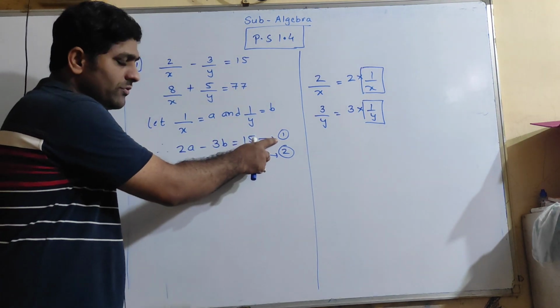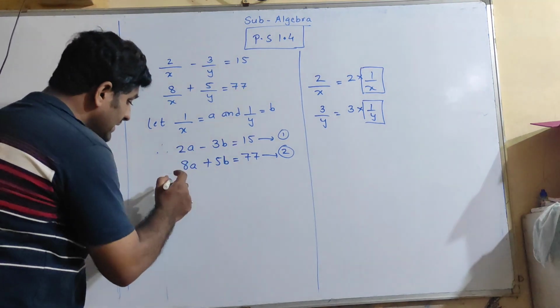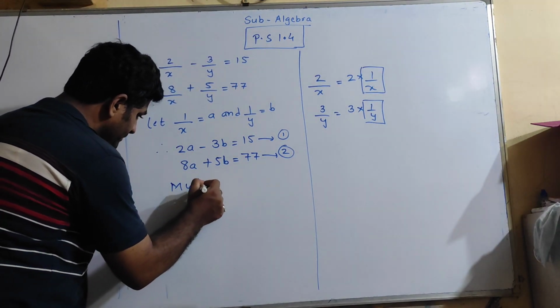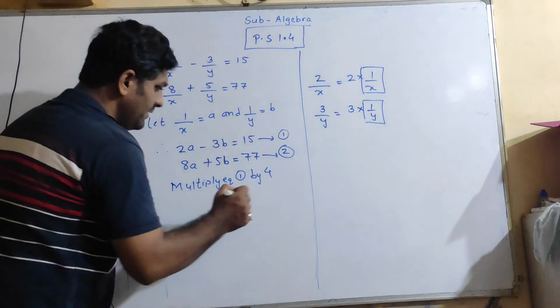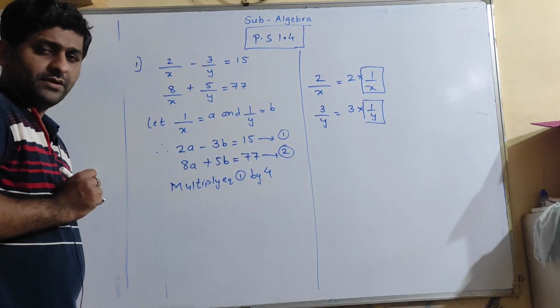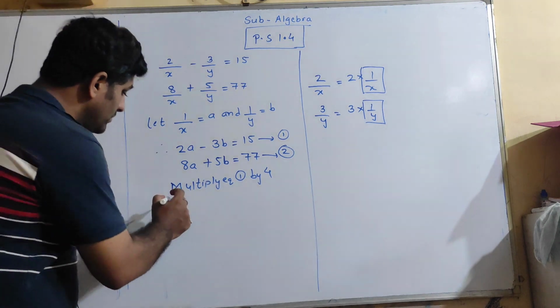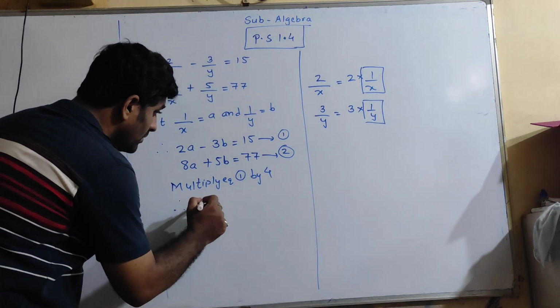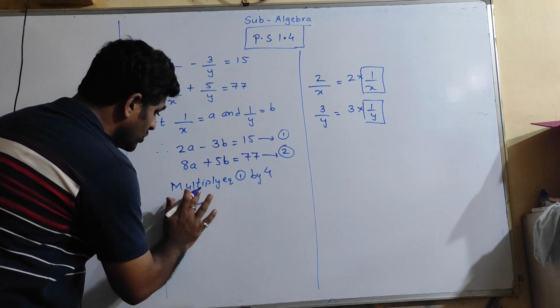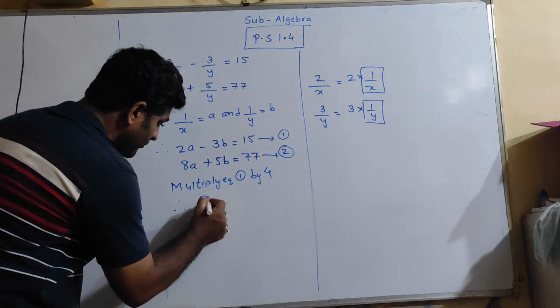So what am I going to do now over here, students? Multiply equation 1 by 4. Correct, students? So over here this will become 2 4s are 8a.